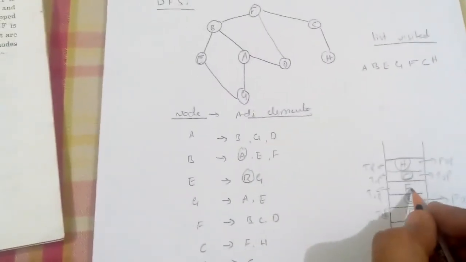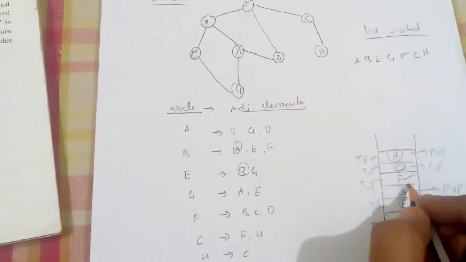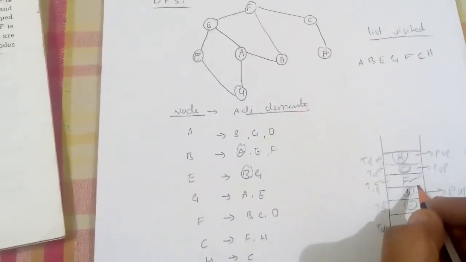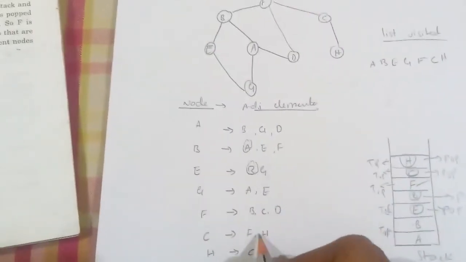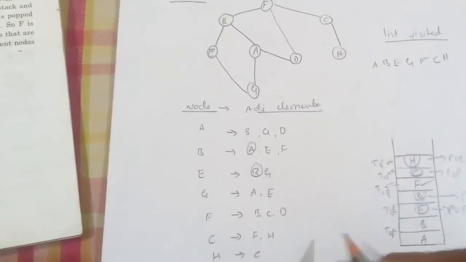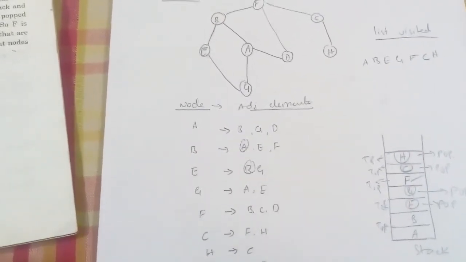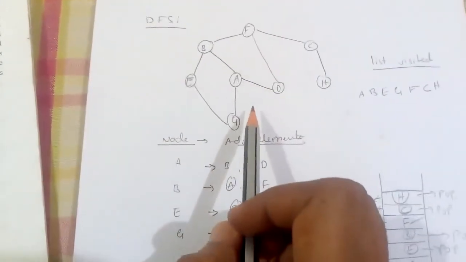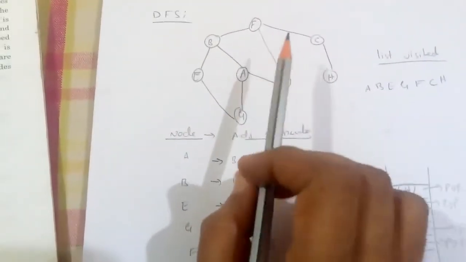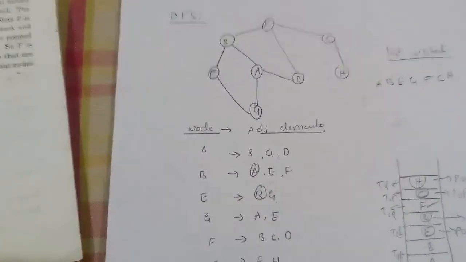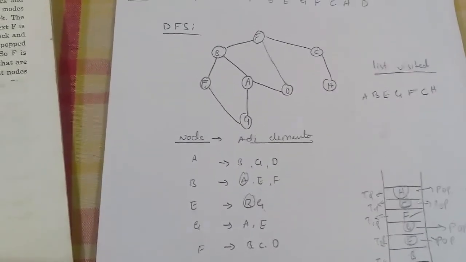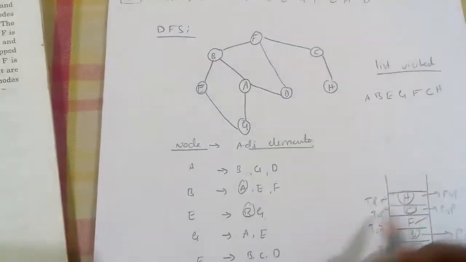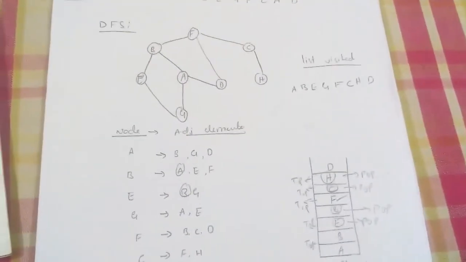Next, the top of the stack is F. F has the adjacency elements B, C, D. B is already visited, C is already visited, then the last is D. D has the adjacency elements A and F. So D is pushed onto the stack and added to the visited list.